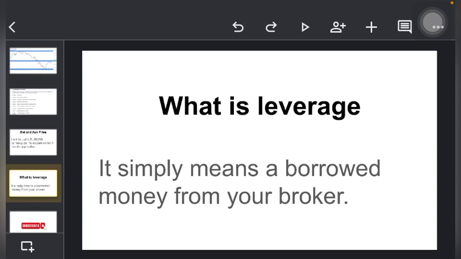I hope you understand me. In forex trading, we have leverage of 1:50, we have leverage of 1:200, and so on. We have so many leverages depending on the one you want to go with. I'm going to guide you on leverage when you want to open your demo account or your real account.